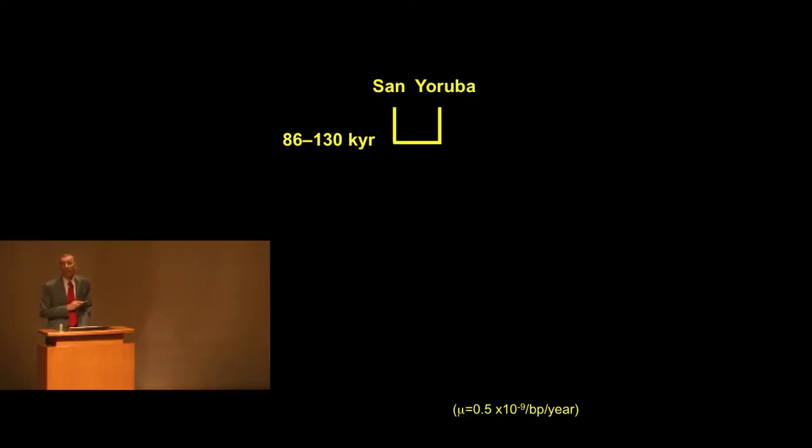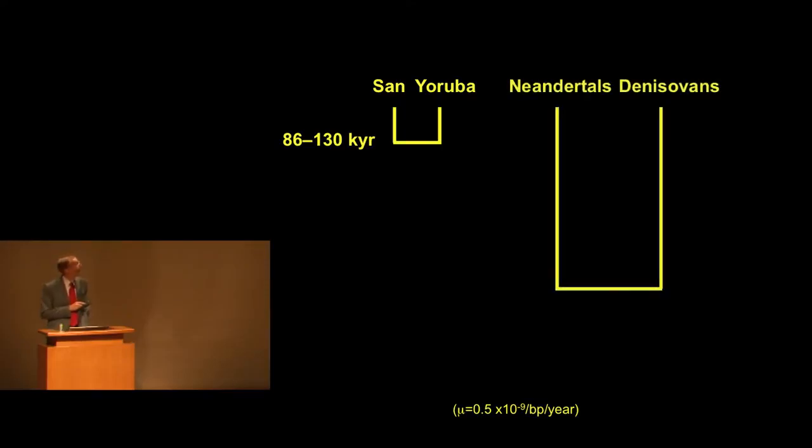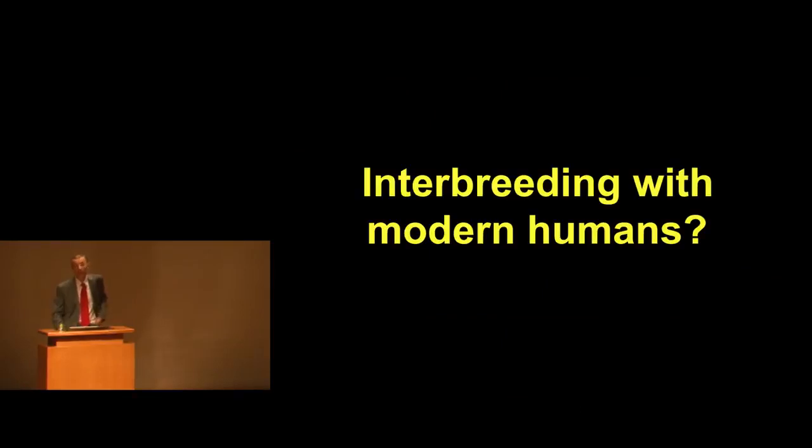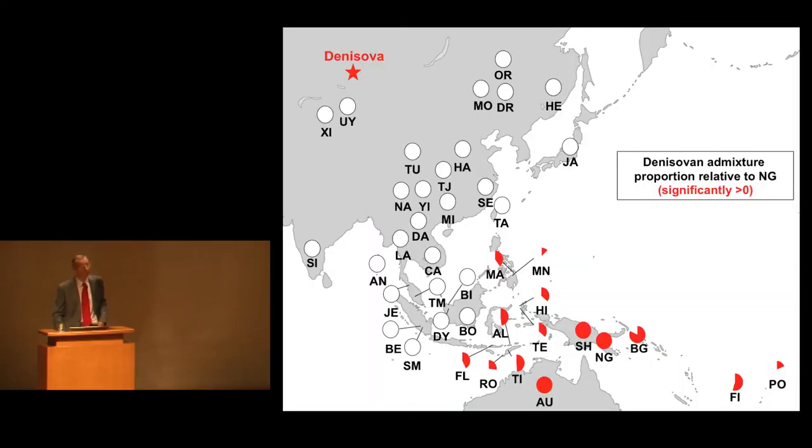If we compare Neanderthals and Denisovans, their population split goes back in the order of 4 times further back than the deepest split between any two humans today. And just for comparison, the split between Neanderthals and Denisovans and present-day people is something like 6 or even 7 times further back.